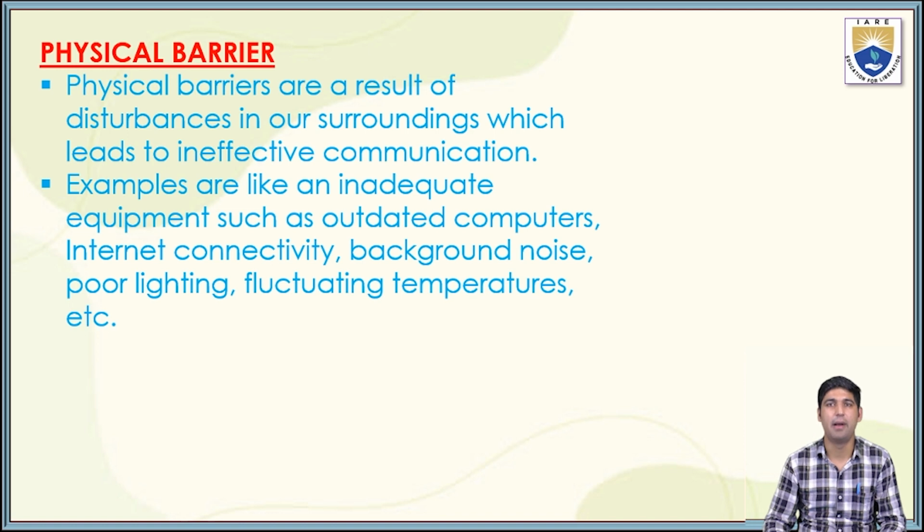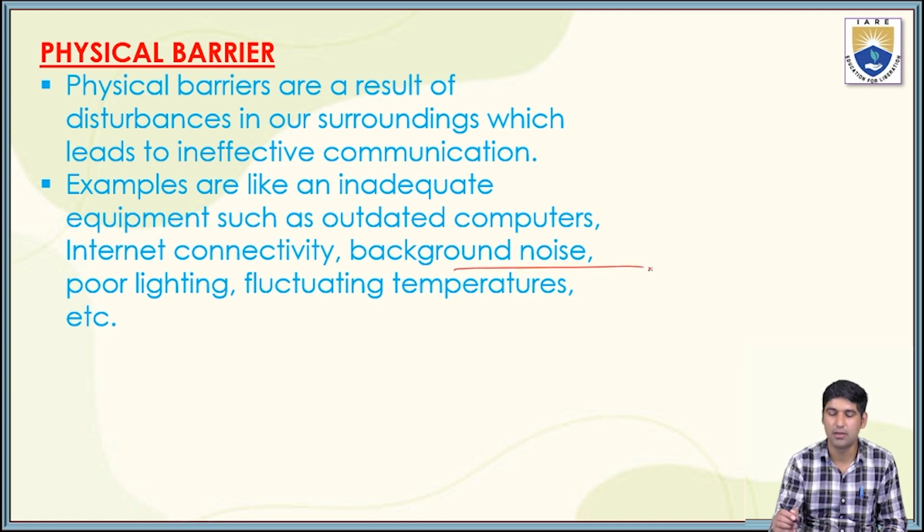Such barriers can occur with outdated computers. Internet connectivity can sometimes be a physical barrier, as you all might have noticed during COVID times, when delivering or attending classes via Zoom or some other online platform, we sometimes faced weak internet connections. That is a physical barrier. As I told you, background noise is also a physical barrier.